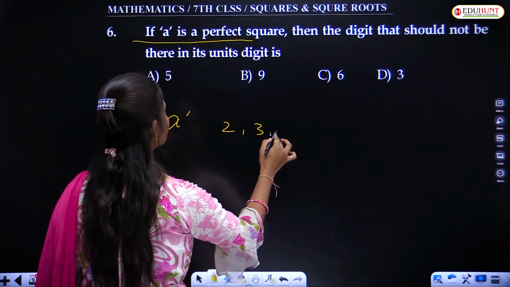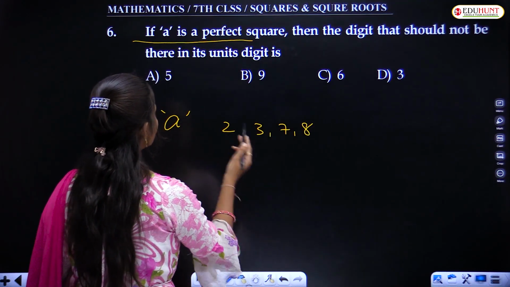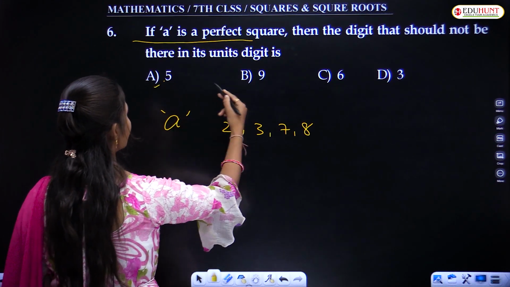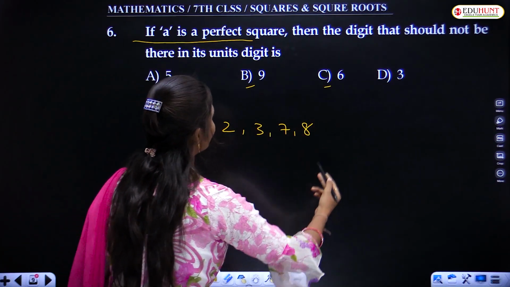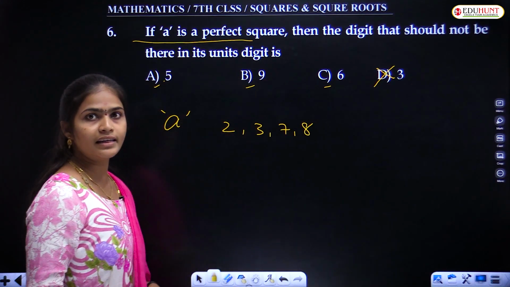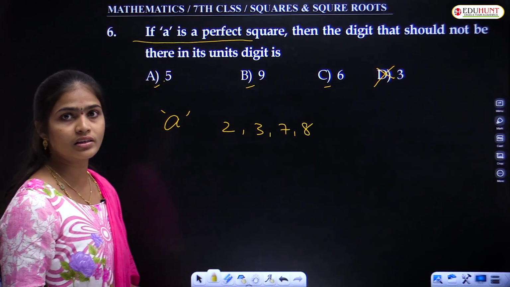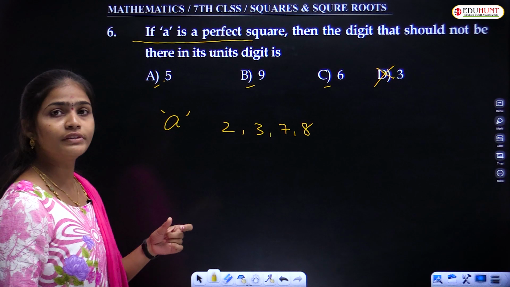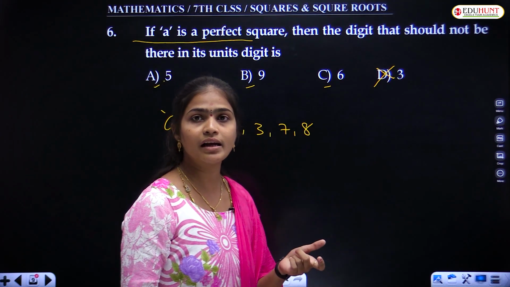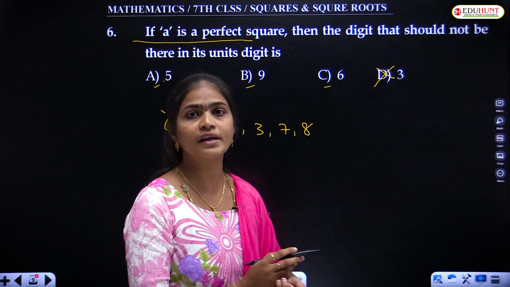Looking at the options, 5 is there, 9 is also there, and 6 will be there. So which number is not there? That is D only, which means 3 is not there. If in a perfect square 3 is in the units place, we can say that it is not a perfect square.